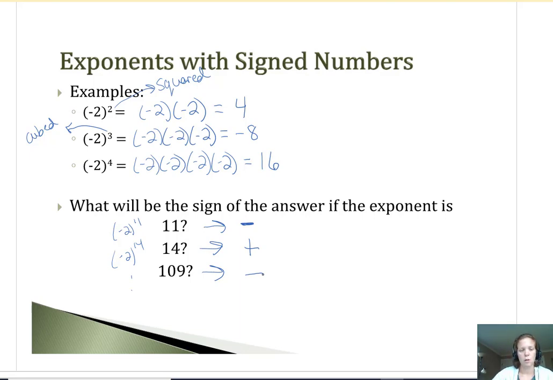So odd exponents, we would end up with a negative answer. Even exponents, we would end up with a positive answer. So we're talking about when we have a negative base.